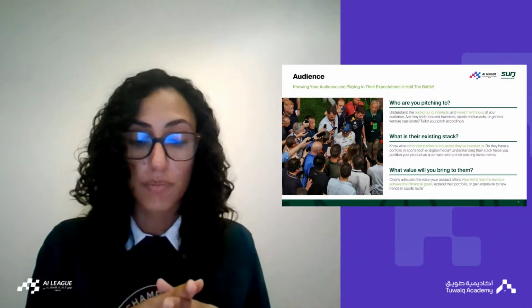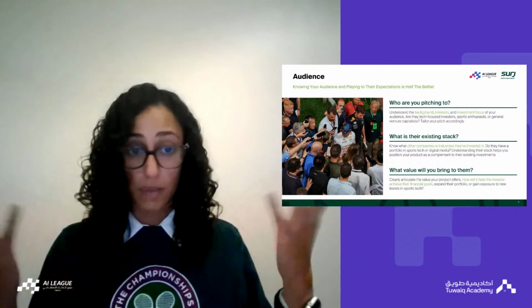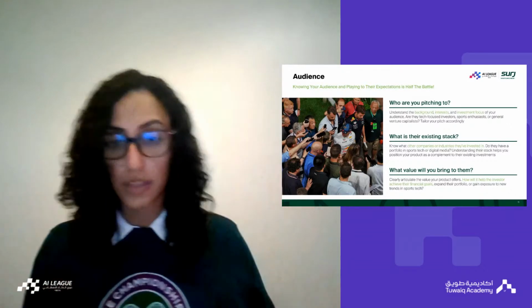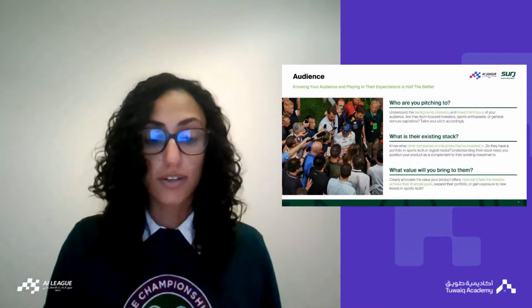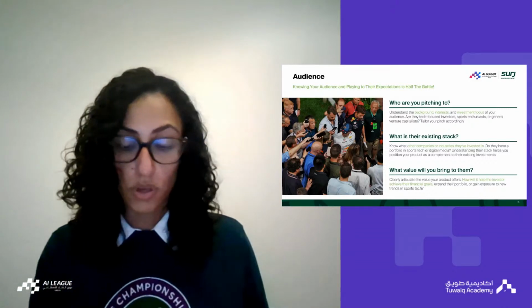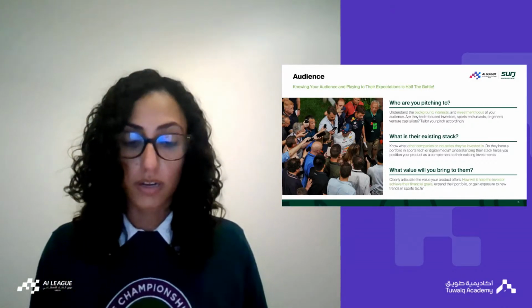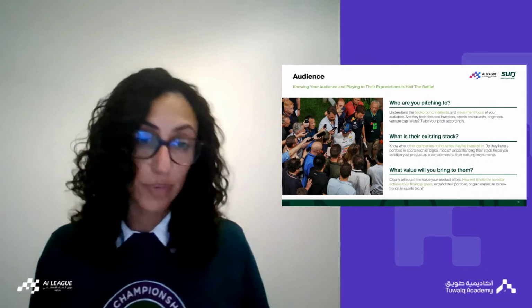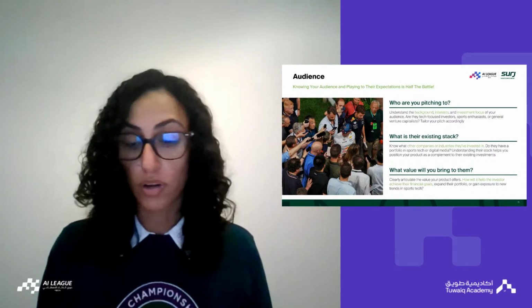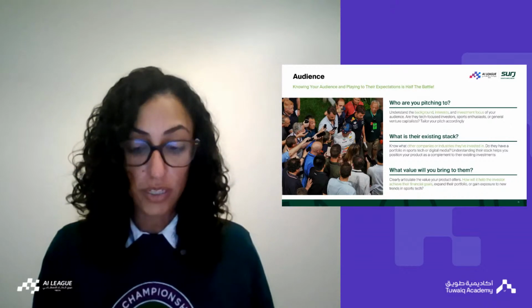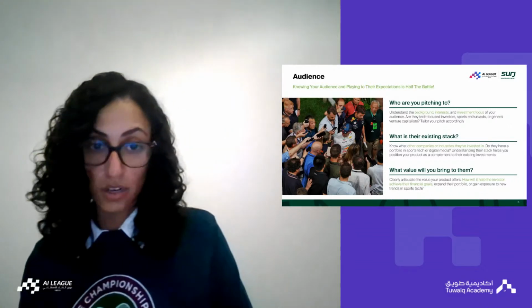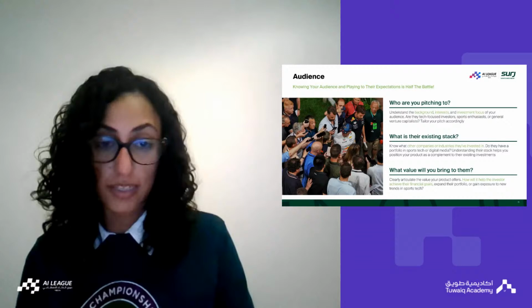Or if they're, for example, a rights holder, let's use the Saudi Pro League as an illustrative example, understanding who they use to fulfill their fan engagement needs or their broadcasting needs or their performance needs is important, because you can integrate with that existing system.